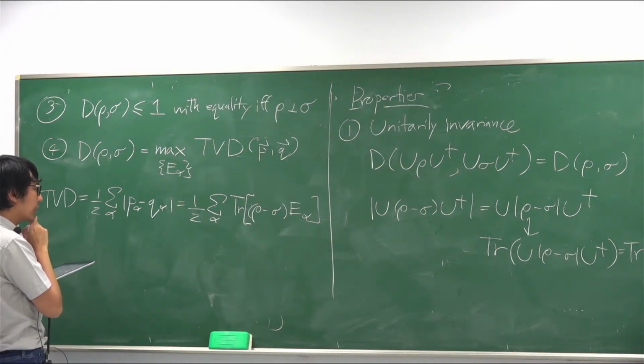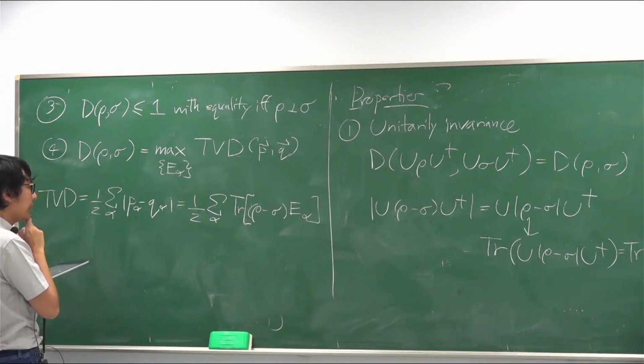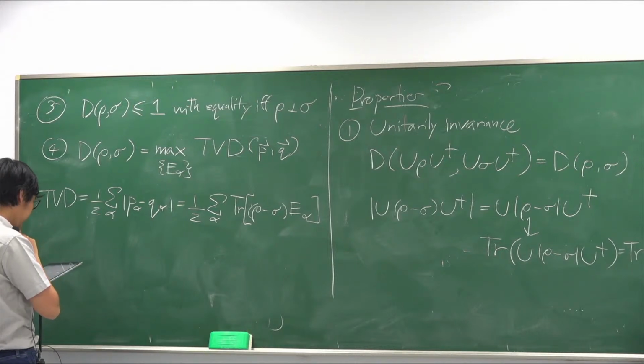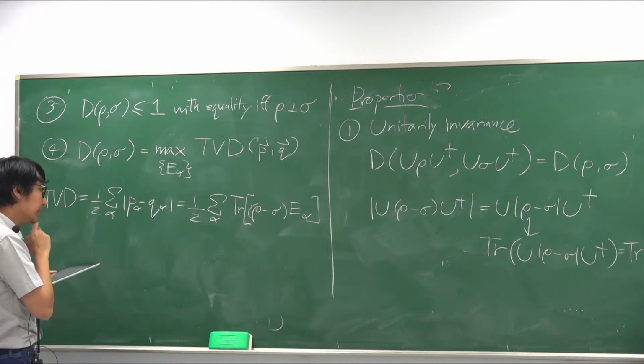Actually, I forgot about this part. I want to just have the part where the difference of the probability is greater than 0.